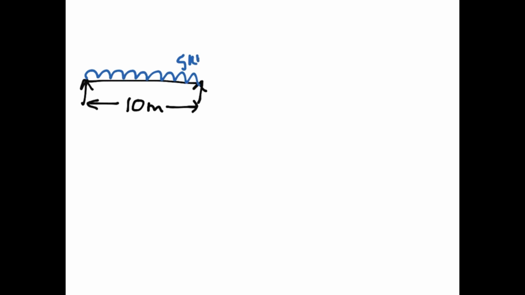Okay, so let's do that again, and this time we'll use real values. I'm going to take a beam that has a span of 10 metres, simply supported, so it's got a pin at each end. It's got a UDL on it, which we will call 5 kilonewtons per metre. It has a point load of 20 kilonewtons, and that acts at 3 metres from the support.